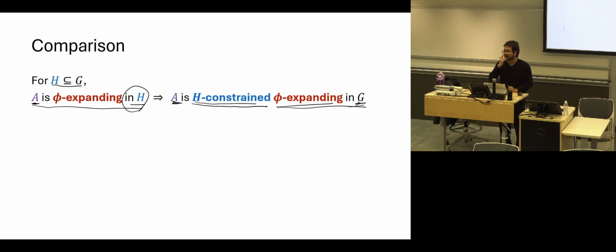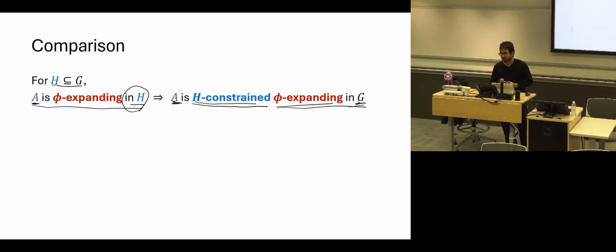Okay, so this is a slightly different definition of phi expansion that is used for directed graphs, I guess. Is that the way it's different from what we were talking about earlier in the course? It's quite the same. So I'm not sure what you mean.